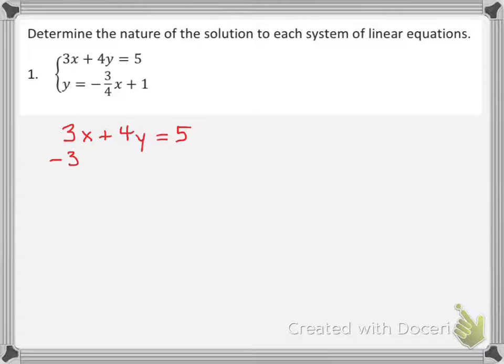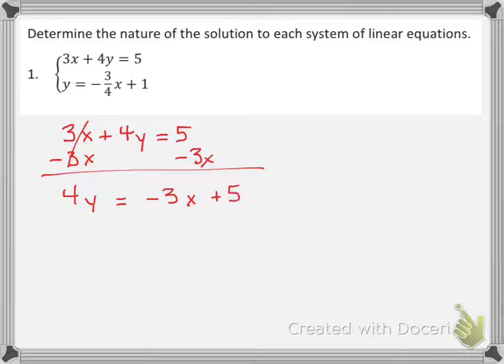That means I need to subtract 3x from both sides. And that gives me 4y equals a negative 3x plus 5. And then I'm going to multiply by the reciprocal of 4 to get the y isolated. That means I'm multiplying this entire expression by 1/4.